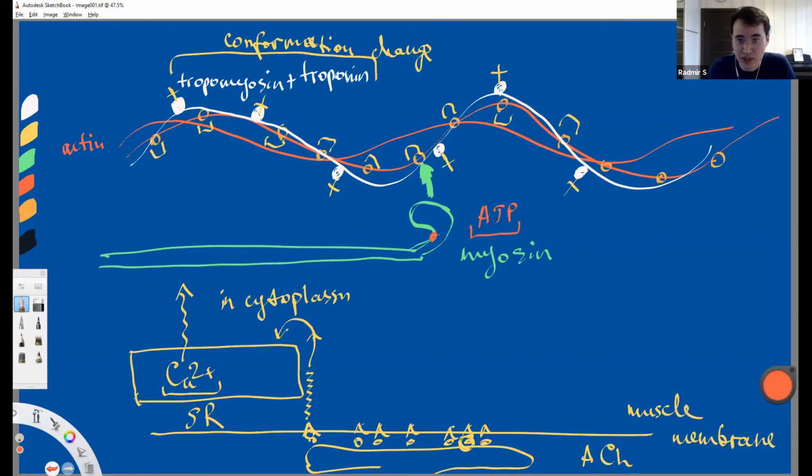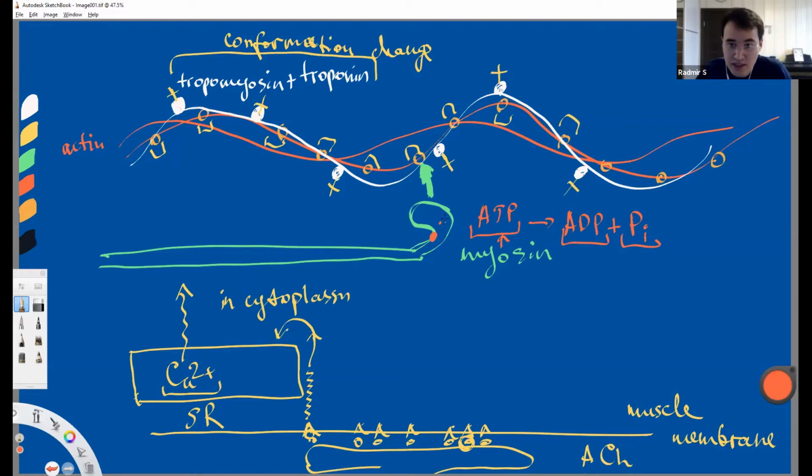The ATP is bound now, and the myosin breaks the first bond of the ATP, so it hydrolyzes it to ADP and one phosphate group. After it hydrolyzes it, both molecules stay on the head. Okay, so now we have the ADP and a small phosphate.